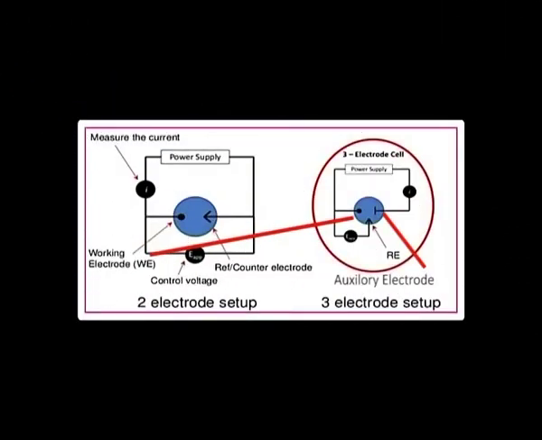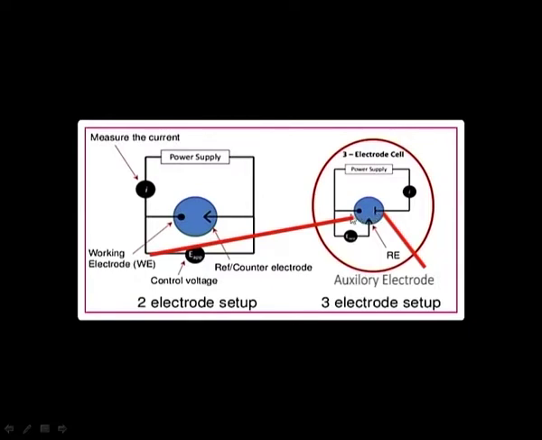This is a general diagram of a 2 electrode system and a 3 electrode system. In the 2 electrode system, we have a working electrode, we have a counter electrode or reference electrode, and the power supply provides the input. We measure current and we measure voltage here, whereas in the 3 electrode system, we have a reference electrode, a working electrode, and then an auxiliary electrode.